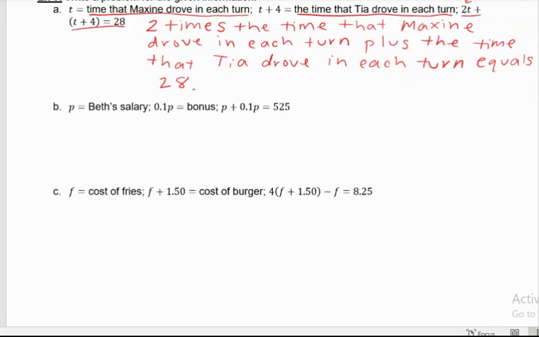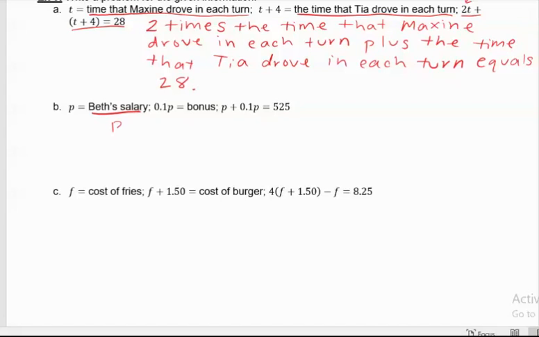Okay, I have another one. I have P equals Beth's salary. 0.1 P equals the bonus. And then I have an equation. So instead of writing P and 0.1 P, I'm going to write down what they actually mean. So P plus 0.1 P equals 525. Well, I know P equals Beth's salary.